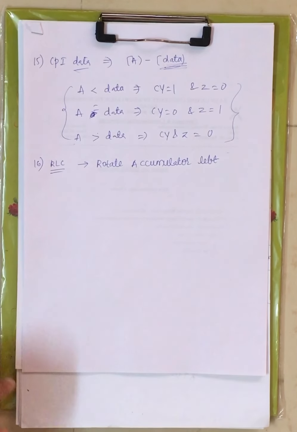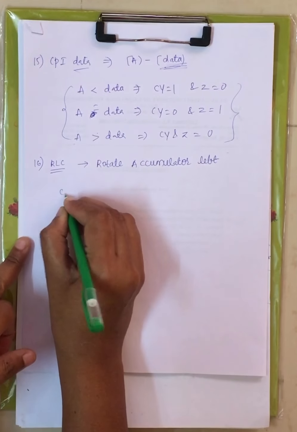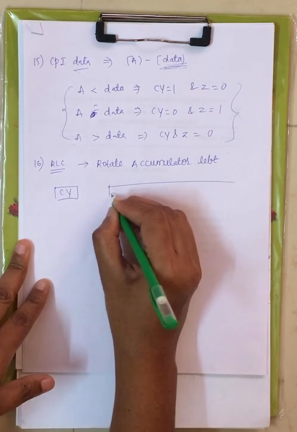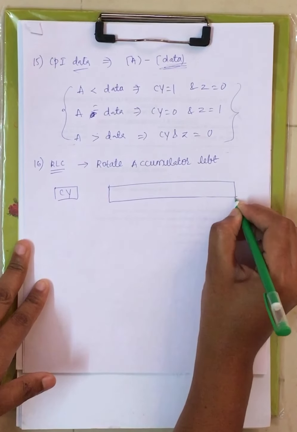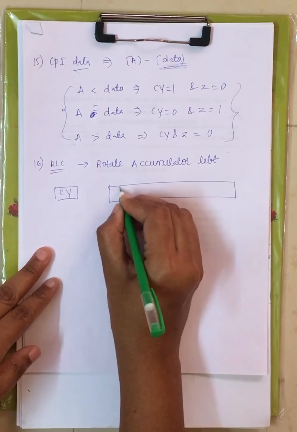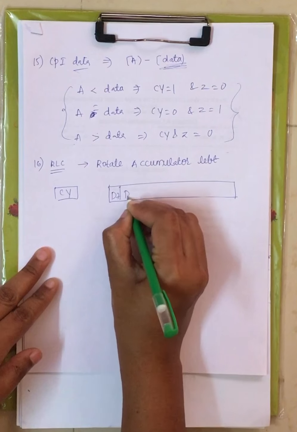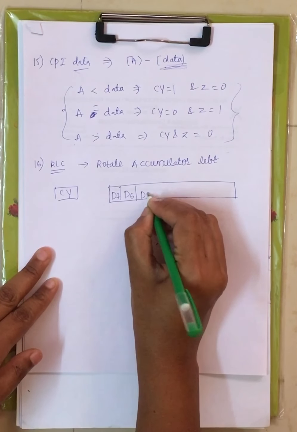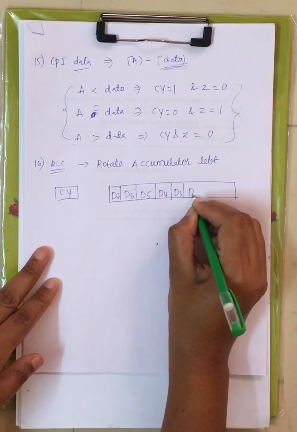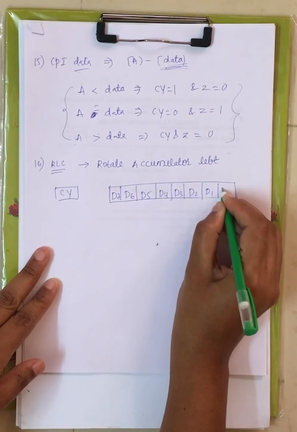Now how does this instruction work? Let us give an example. We have the carry here, and the 8085 supports 8 bits of data. I am representing that 8-bit data here as D7, D6, D5, D4, D3, D2, D1 and D0.